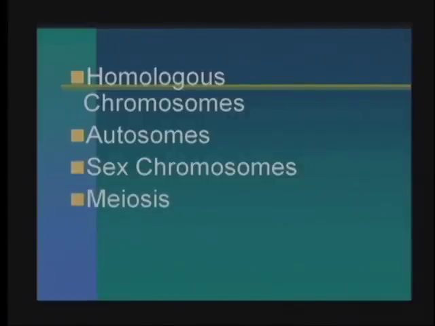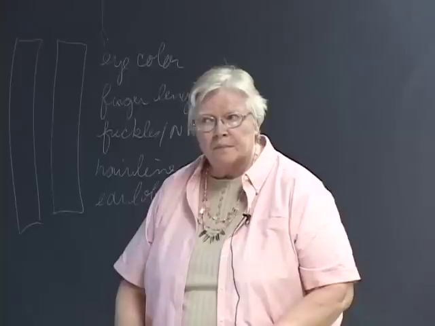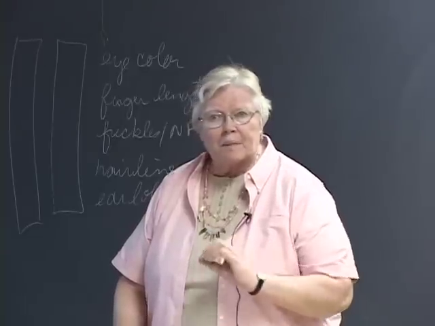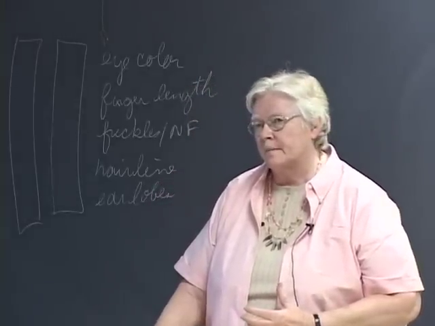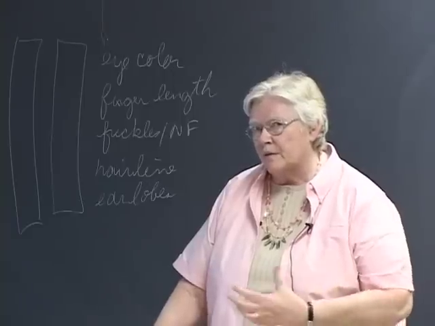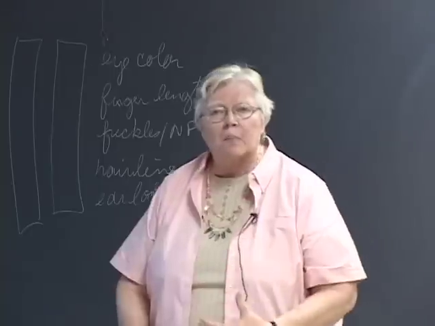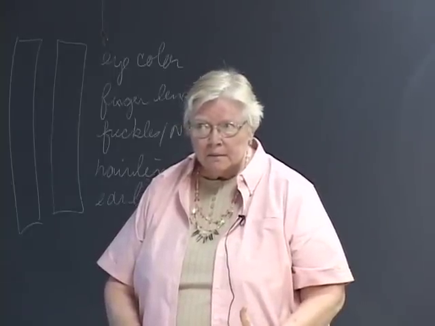Something else that we've already talked about is meiosis. Meiosis is that type of division where we reduce the chromosome number. The chromosomes replicate, the cytoplasm divides once, half of the chromosomes go to each half, and then the cytoplasm divides again.